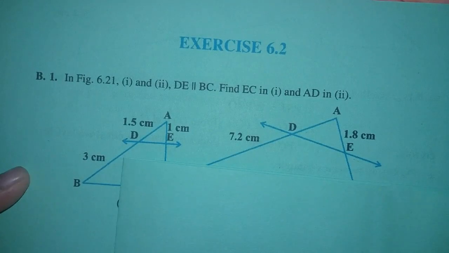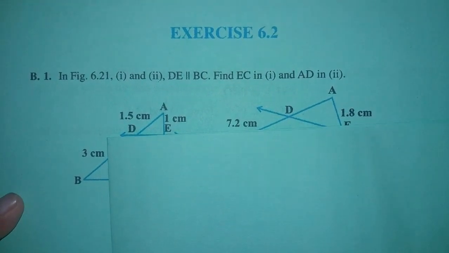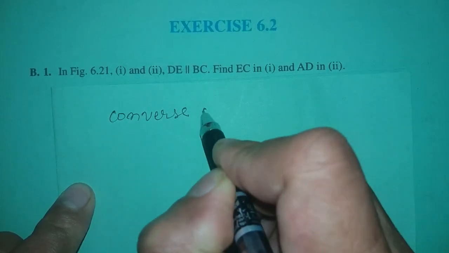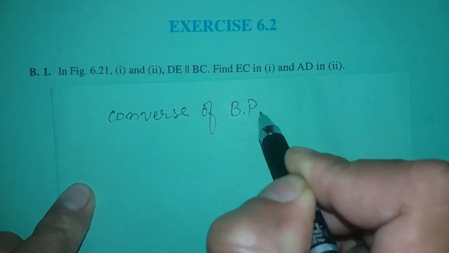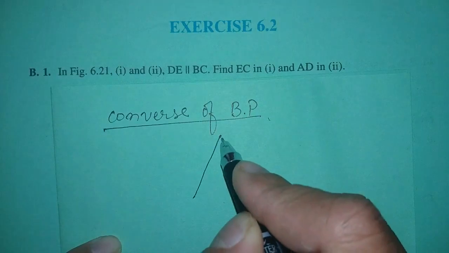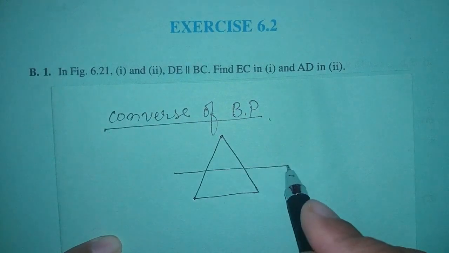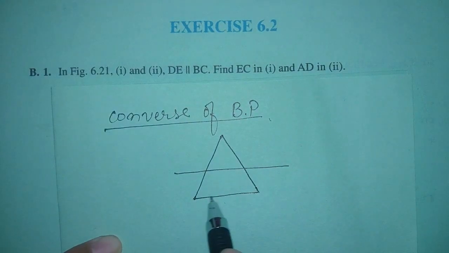Now the converse of this theorem, the converse of the basic proportionality theorem, says if a line divides any two sides of a triangle in the same ratio, then the line is parallel to the third side.